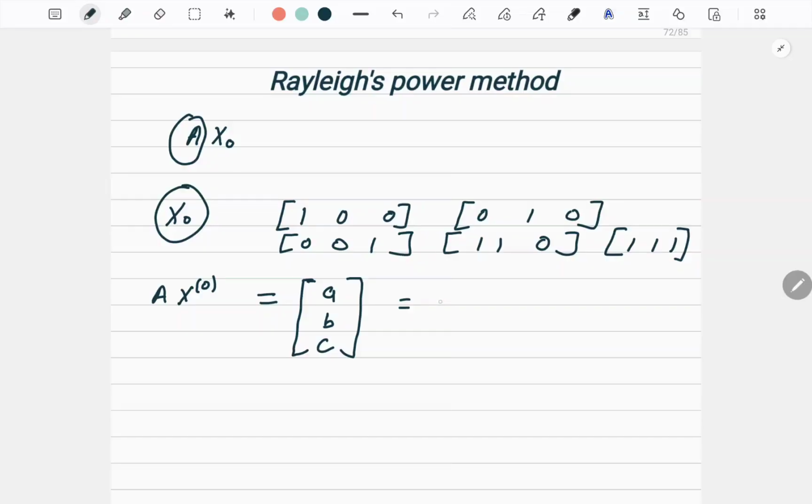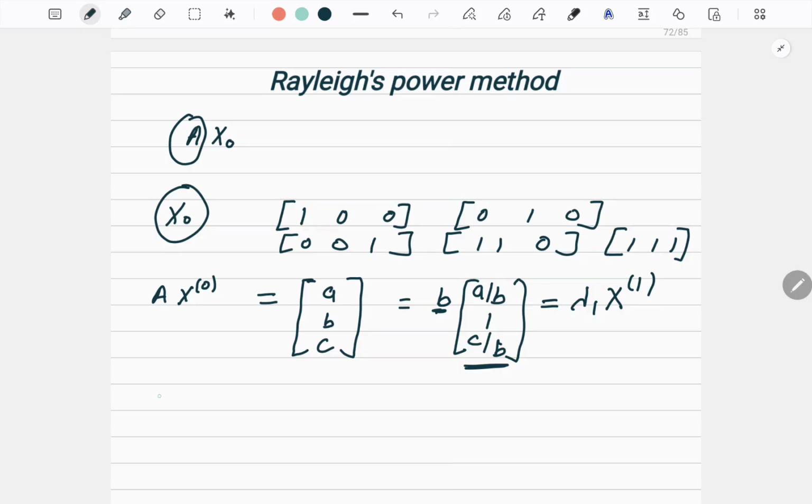Suppose B is the largest, so I'll take out B. What is left? A by B, 1 and C by B. So this B is my first eigenvalue and this column matrix is my first eigenvector. So this is the first iteration, correct?